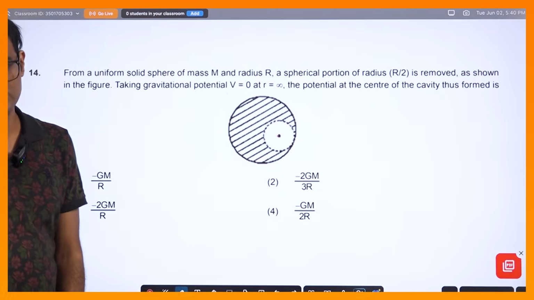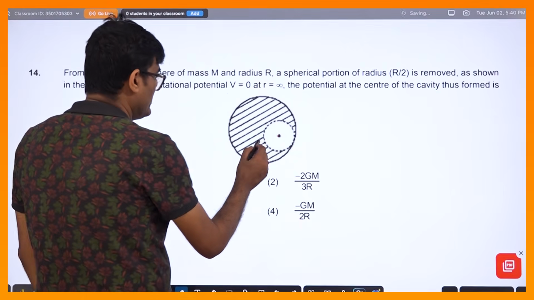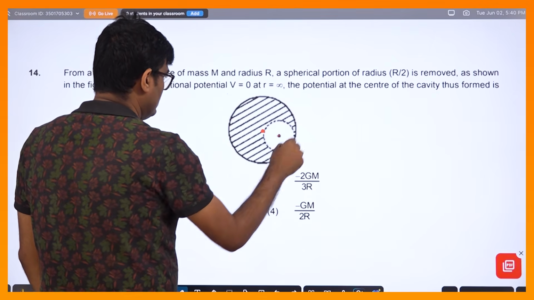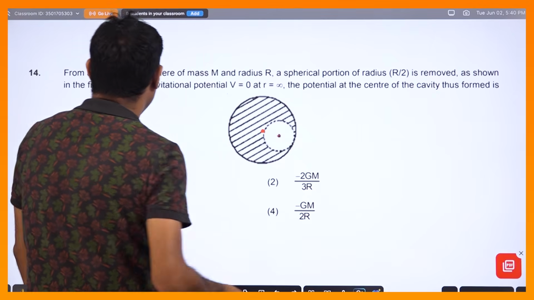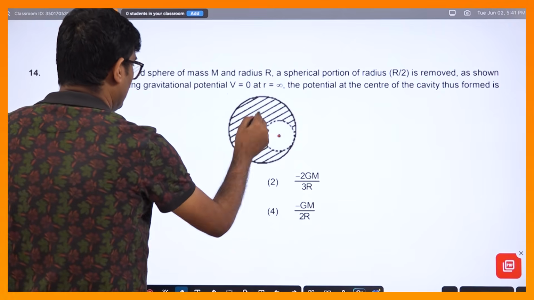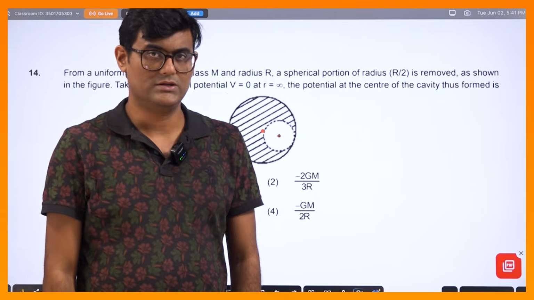You can use the superposition principle to find it. According to the superposition principle, whatever is the potential of this point due to the complete solid sphere, minus the potential due to this smaller sphere, gives the total potential at this point.